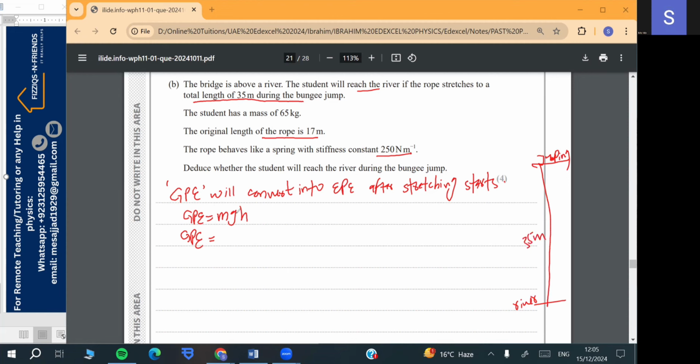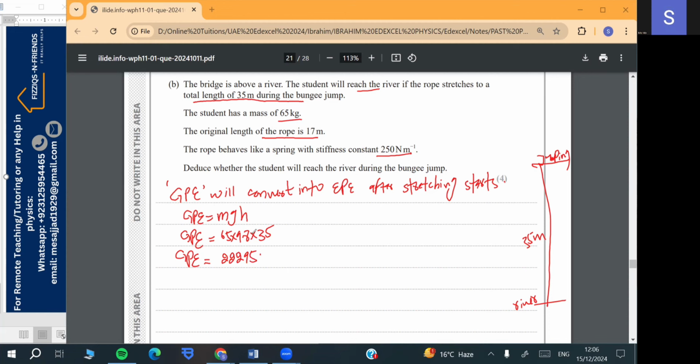It means the height is 35. And mass is 65. So 65 times 9.8 times 35 equals 22,295.